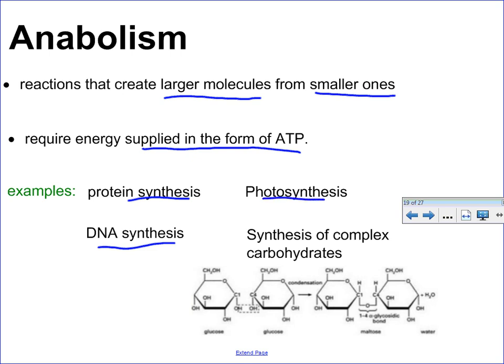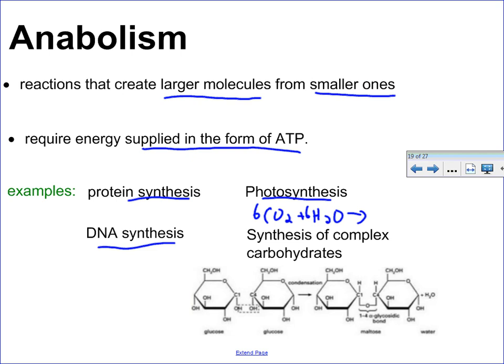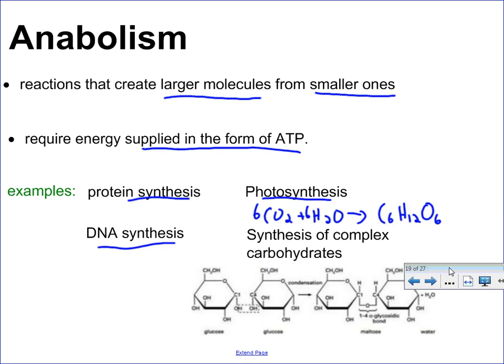The process of photosynthesis, where you take carbon dioxide and water to create glucose, is an example of an anabolic reaction, as is the synthesis of complex carbohydrates, such as cellulose, for example.